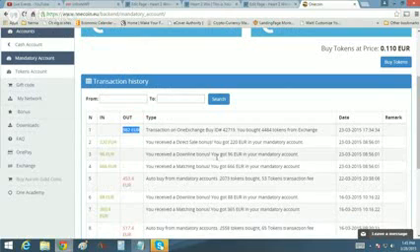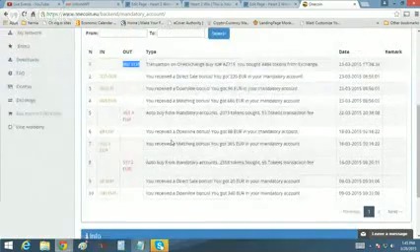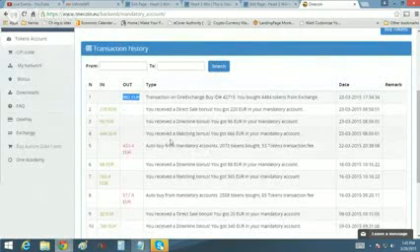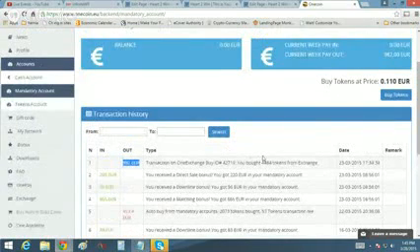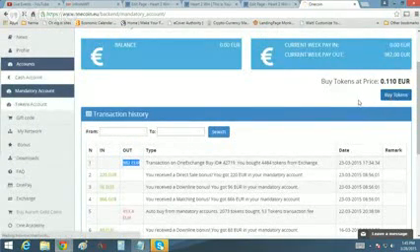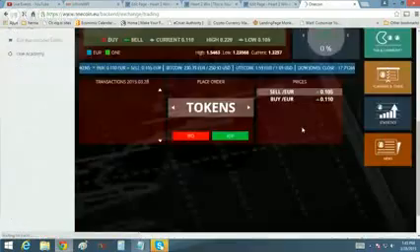Well, what happened was, after I purchased all these tokens, it was so great, is that even these tokens doubled in my account. So I ended up getting an extra 14,000 tokens when the split happened, or when the account doubled. So when you go here and you say, okay, I want to buy tokens, all you got to do is go there, buy tokens, and then you purchase it.